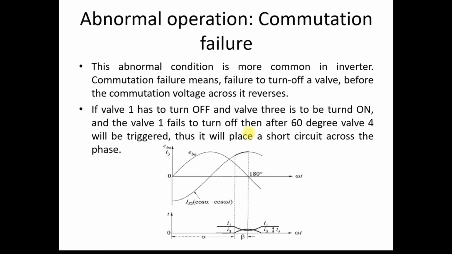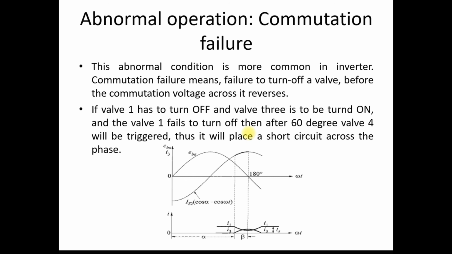The second abnormal condition is commutation failure, and that happens because of late firing of the valves, as well as sometimes because of low supply voltage and high supply current. Because of this commutation failure, a short circuit happens at the supply side.